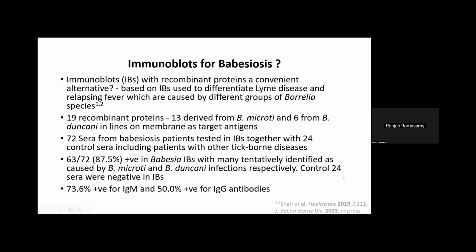The control sera from other tick-borne diseases were negative in the immunoblots. Quite a lot of IgM showing early infection, and about half the samples were positive for IgG antibodies.